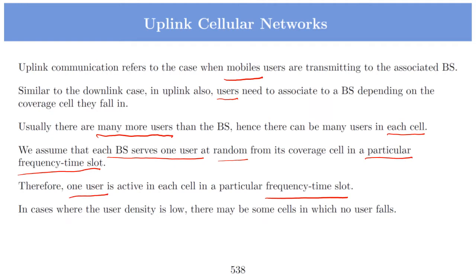It may also happen that if the user density is low, there may be some cells where there is no user in that frequency slot. So in that case, there will not be any user in that cell which is transmitting. And this will of course reduce the interference.